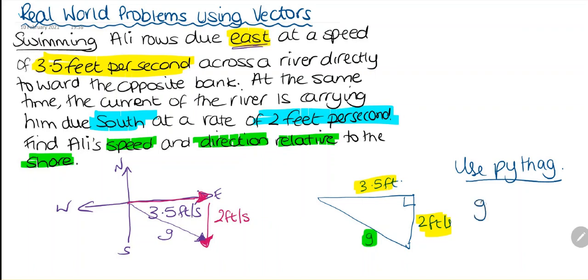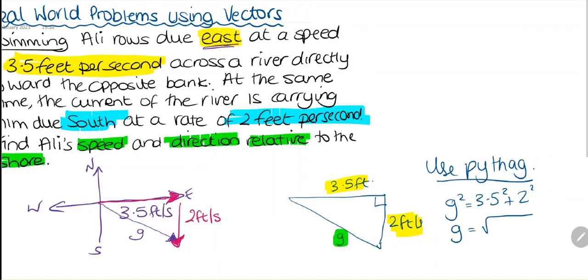So G squared is equal to 3.5 squared plus 2 squared. So G will be the square root of 3.5 squared plus 2 squared. And if you put that into the calculator, this is going to be roughly 4.03 feet per second.